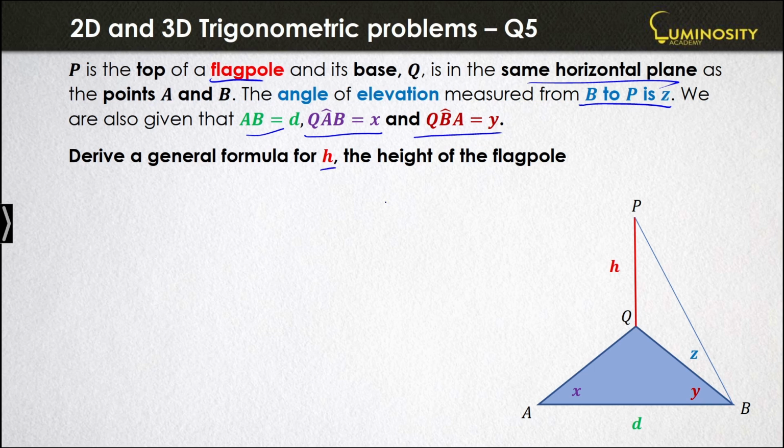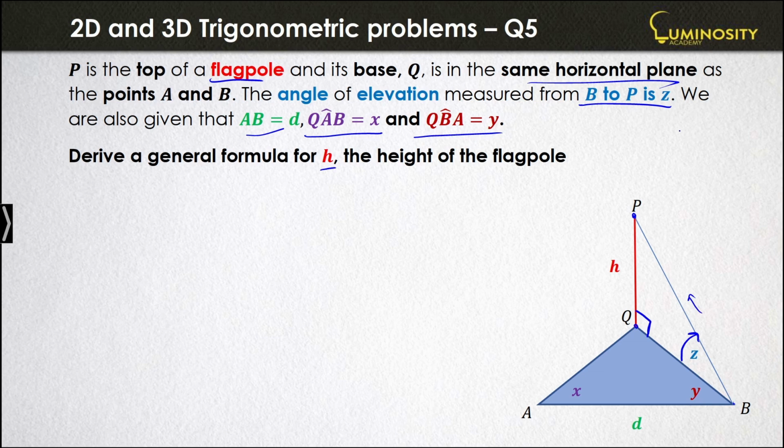Okay, so if P is the top of the flagpole and Q is the base, then this base made with this floor, QAB, must be perpendicular. That's really important because that automatically gives us a right angle triangle. We're told that the angle of elevation, elevating from B to P, is this angle Z here.